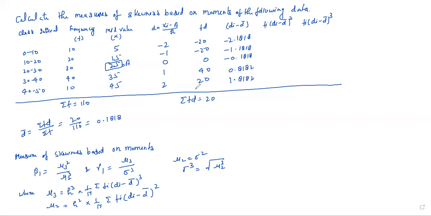We are subtracting this mean from these values. So minus 2 and minus 0.1818 is minus 2.1818, and minus 1 and minus 0.1818 is minus 1.1818.